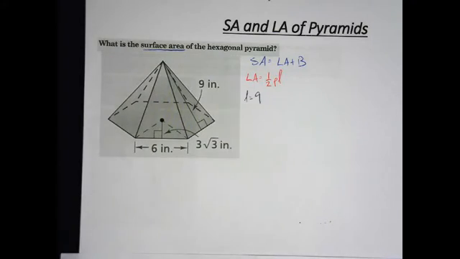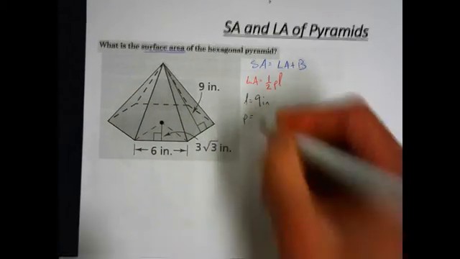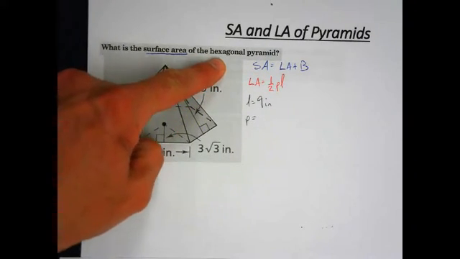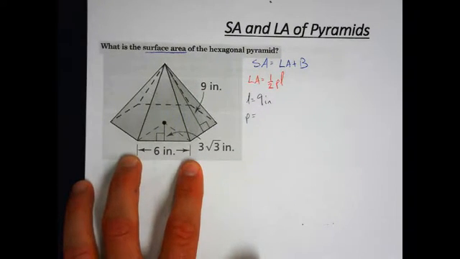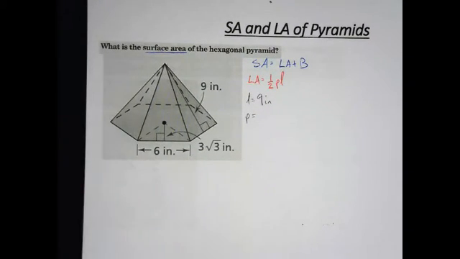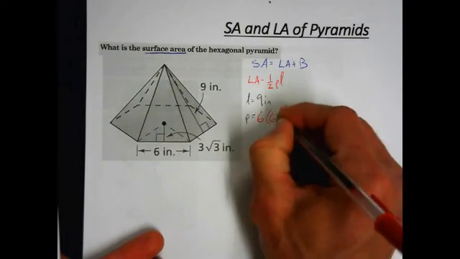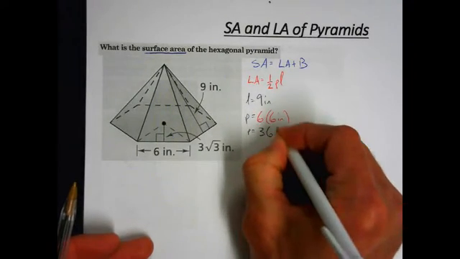All we're missing now is the perimeter of the base. Now our base is a hexagon, as said in the directions. Each side of the hexagon is 6 inches, so our perimeter of the base should be easy to derive. 6 sides times 6 inches will result in a perimeter of the base of 36 inches.